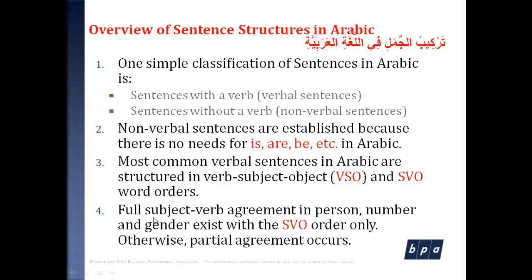It's important to remember that full subject-verb agreement, in the person, in the number, and gender, is an important thing in the Arabic language. It only exists with the subject-verb-object order. Otherwise, partial agreement occurs.